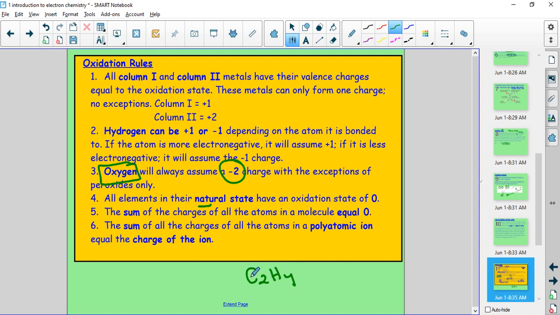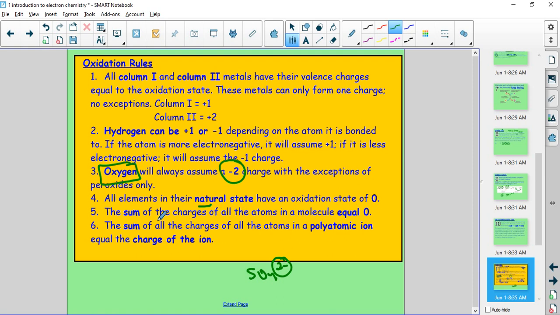Now, let's say there's no charge on, remember this from our organic chemistry unit, this is ethane, so there's no charge here. See, there's no charge, no number there. It's just not there. So if we're going to figure out what our oxidation numbers are, for example, they would have to equal 0. Now, if we look at something else, let's say sulfate, SO4 2-, then all of the oxidation numbers here between sulfur and the 4 oxygens would have to add up to give you a total charge of -2.